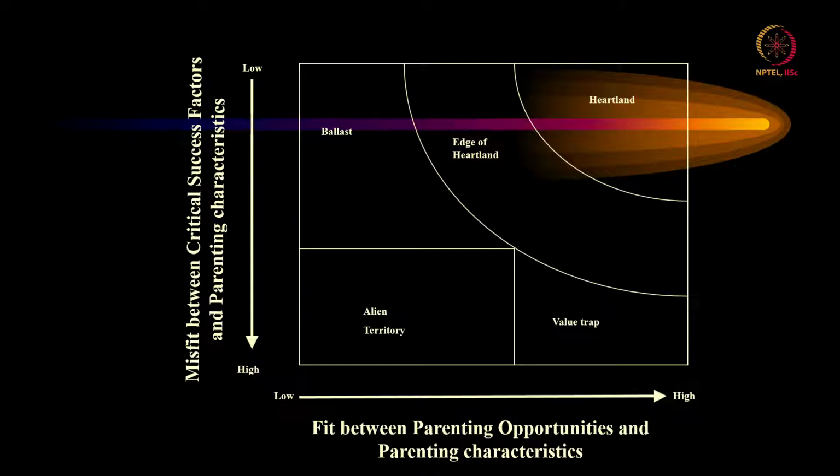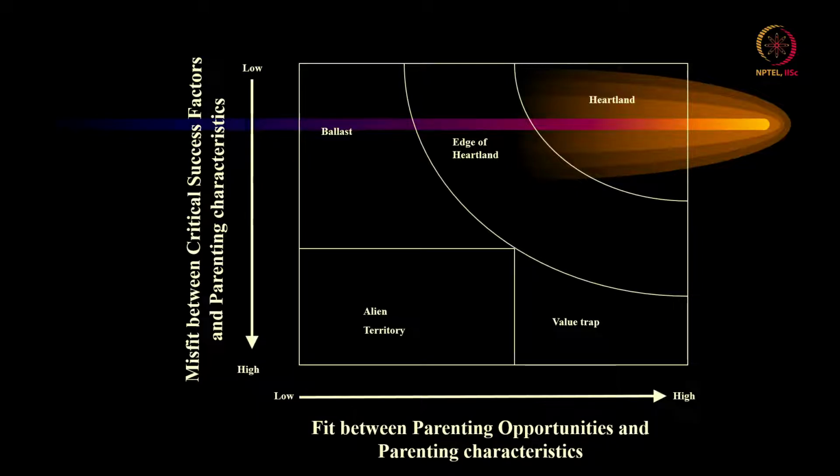Different combinations of these dimensions create 5 different positions, each having an implication for corporate strategy. These 5 positions are shown in this figure: heartland, edge of heartland, ballast, value trap and alien territory. Businesses in the top right corner of the matrix are the heart of the corporate future.